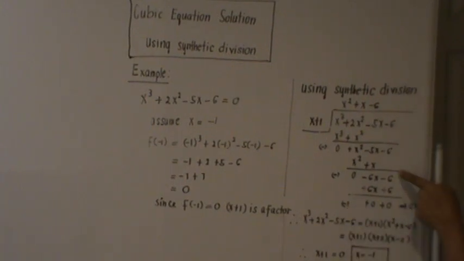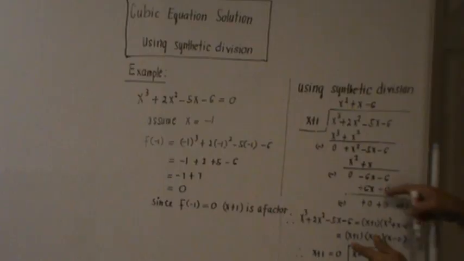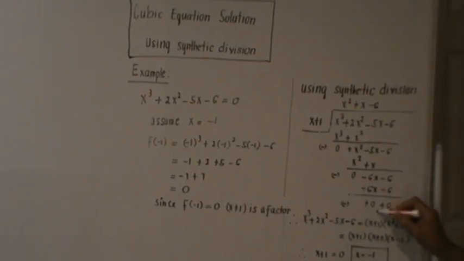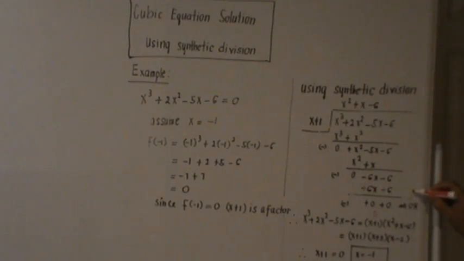So negative 6 plus 6 will be 0. So after subtracting this one from the resulting product, what comes out is 0 plus 0, or simply 0. The resulting remainder is 0, so it is okay. Okay?